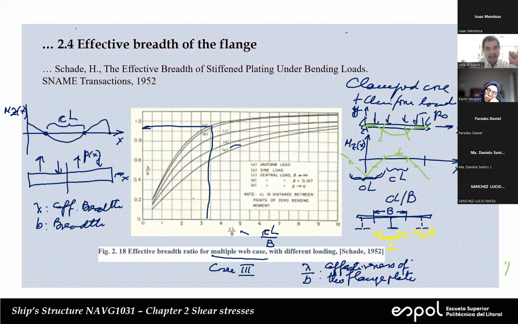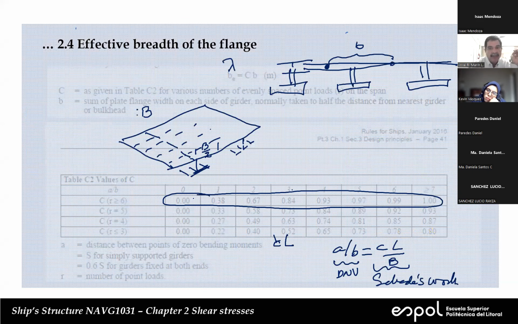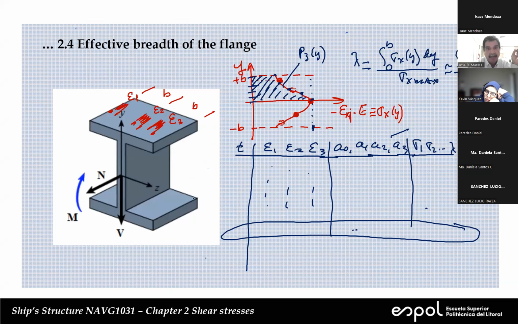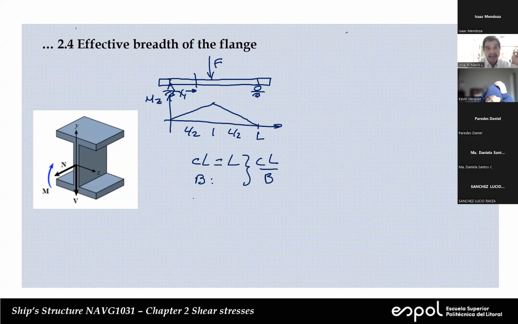And according to the ratio A over B, you can take its value of C for R less than 3, because in this case there were no stiffeners, and evaluate BE over B.